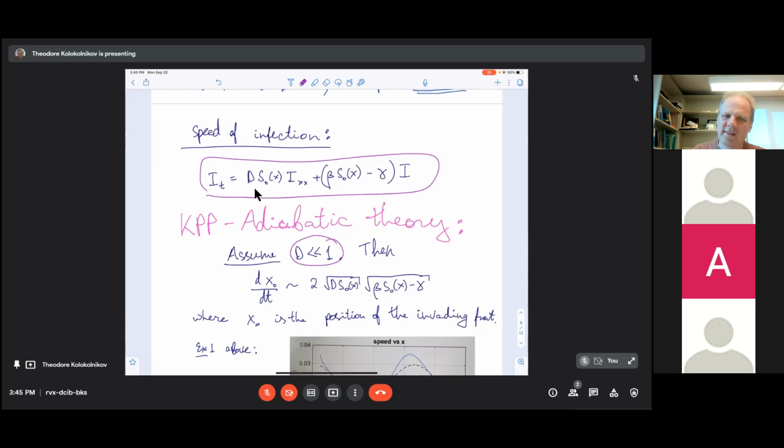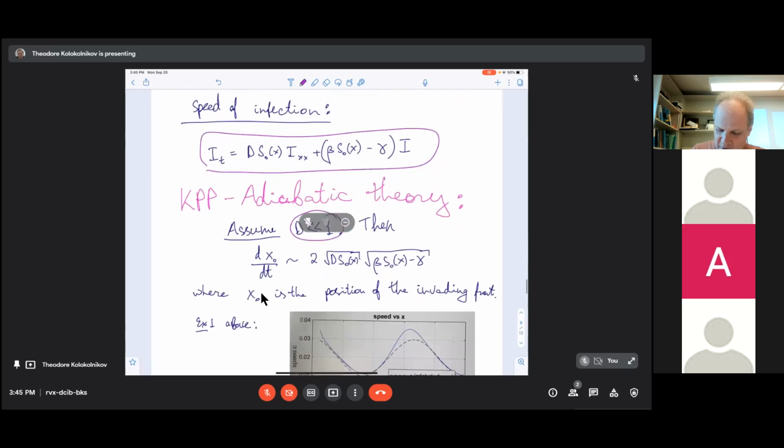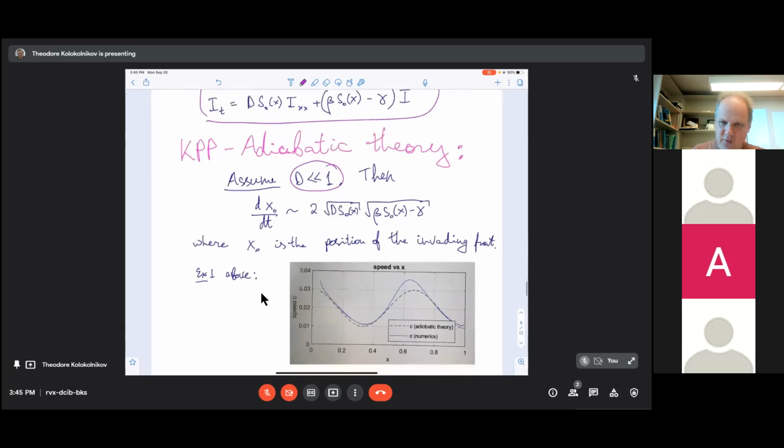So locally, it's like saying that S0 of x is just constant, independent of x. Then one can use a Fisher-Kolmogorov equation, the minimum speed of propagation there, and one obtains this formula asymptotically.